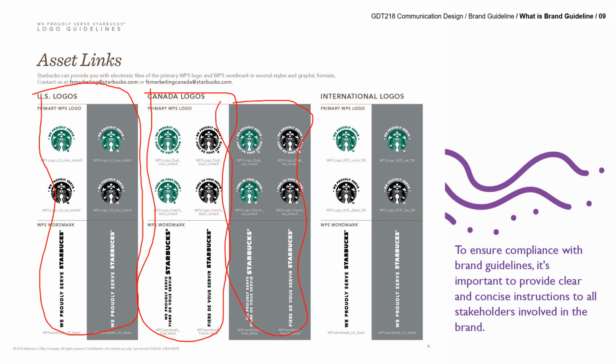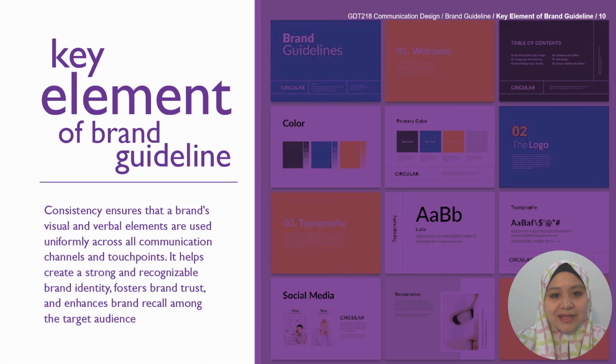This is from US logos, Canada, and also international logos. With all the detailed guidelines, it will provide consistency across your whole brand image. I'm sure you're aware of the word consistency all the way through my presentation about brand guideline. Consistency is a very important key element for creating a very good and effective brand guideline.